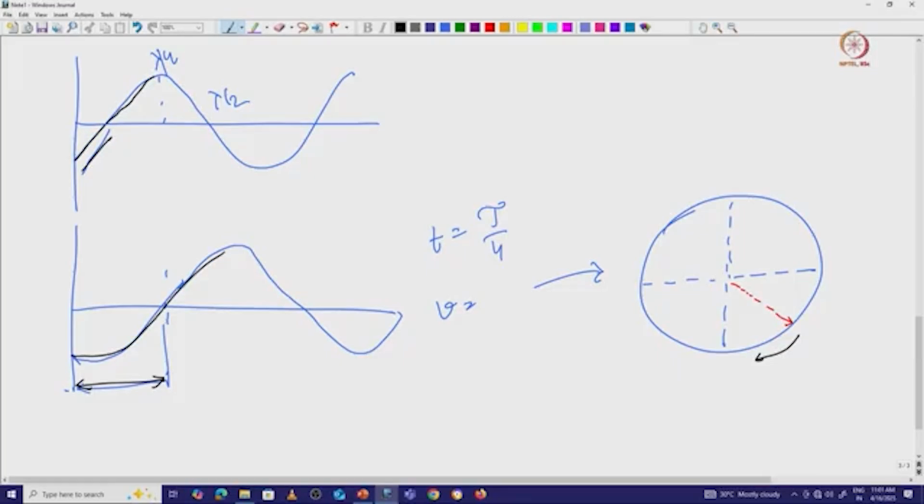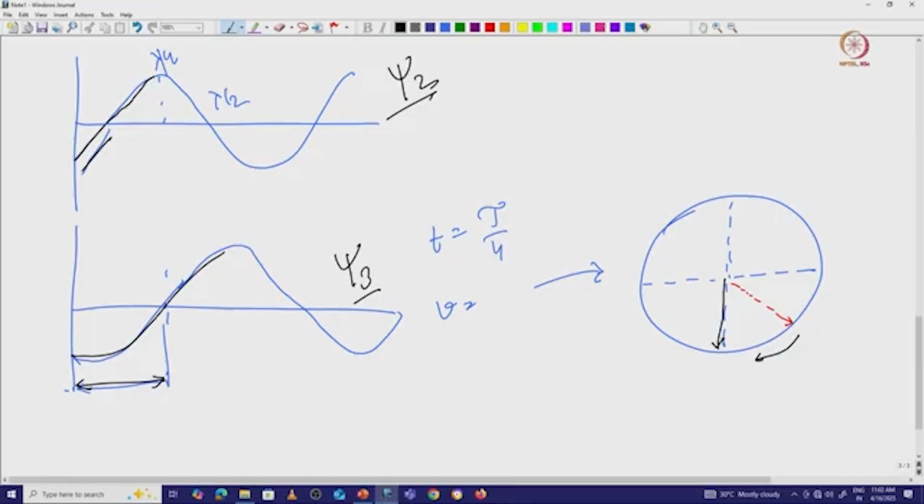If I consider this as wave number 2 and this as wave number 3, there is a phase difference between wave number 2 and 3, and there is a rotation. So now the new one will come like that. In this case you can say there is a change in the phase, and we are representing this entire wave based on that angle change.